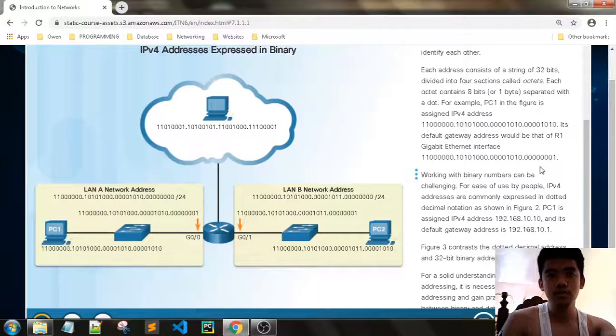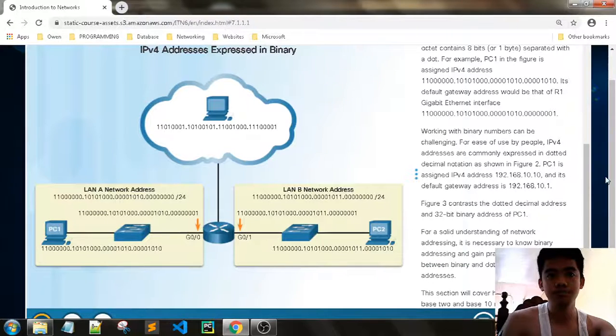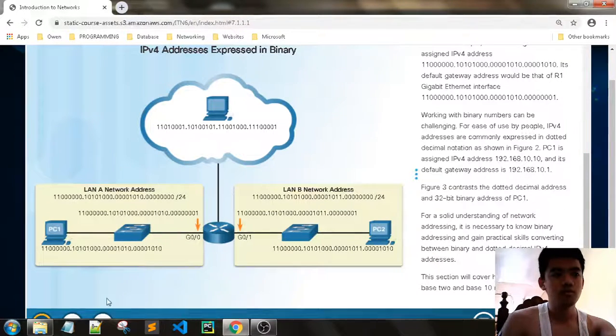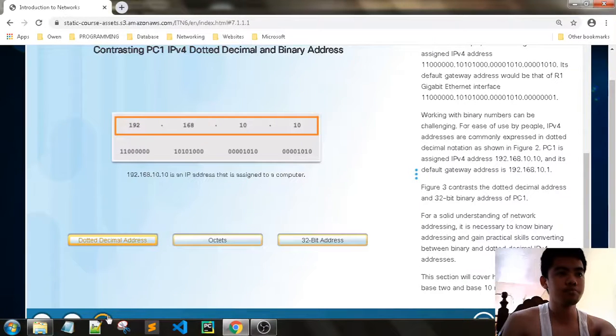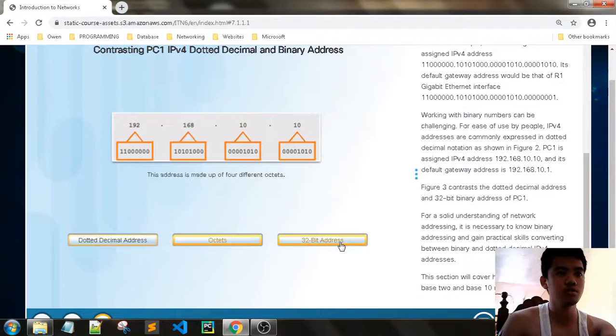It can also be in decimal form: dotted decimals, octets, and a 32-bit address.